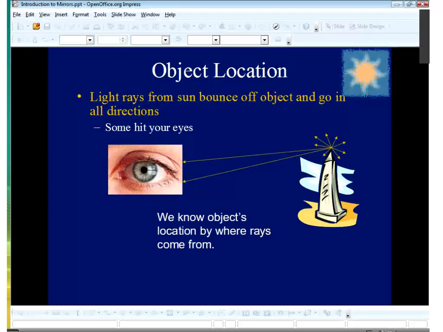And just imagine if the object absorbs every single type of ray that the sun is sending. If it absorbs every single type of ray, then it will not send anything towards your eyes. That doesn't happen normally.